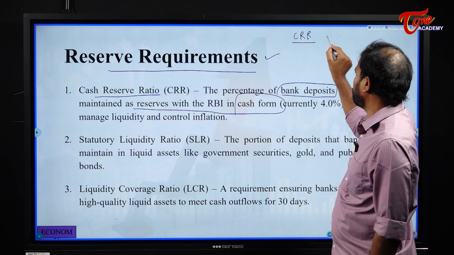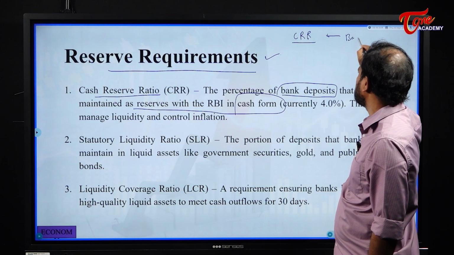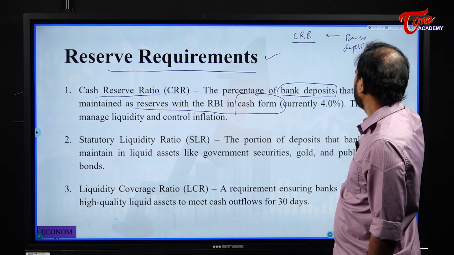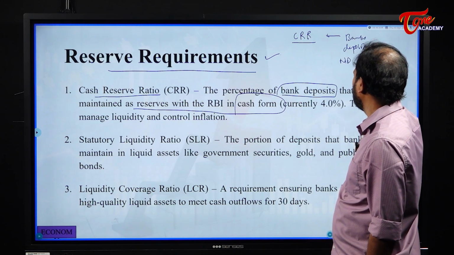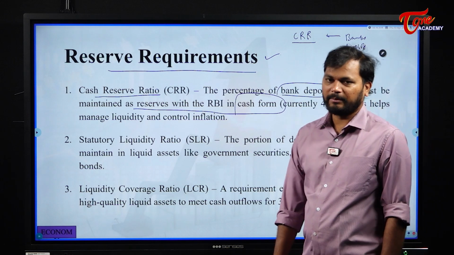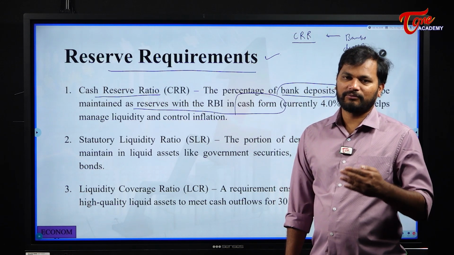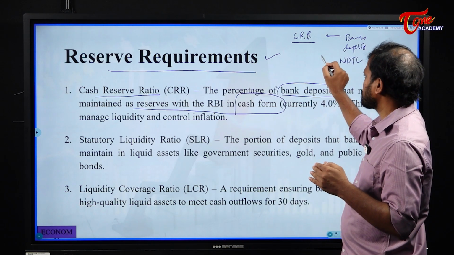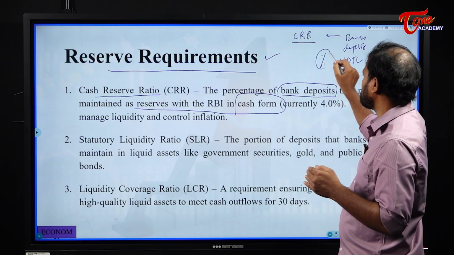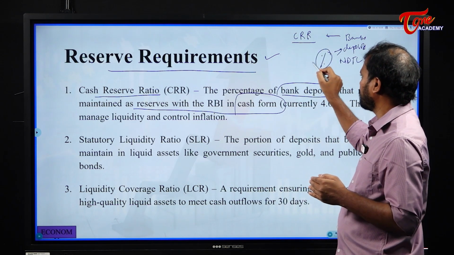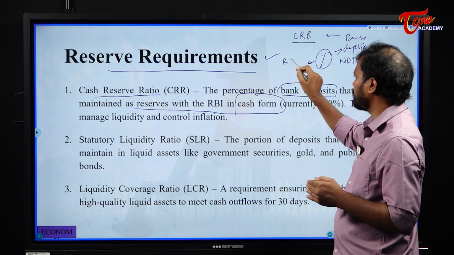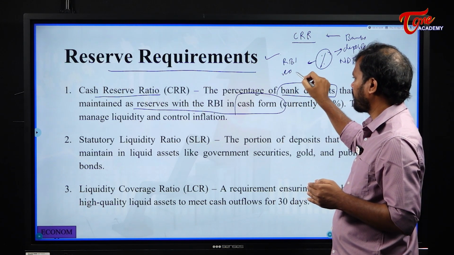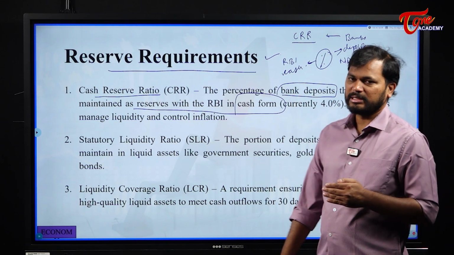For example, if the banks are getting the deposits in the form of NDTL, net demand and time liabilities, then a certain percentage of the deposits should be kept with the RBI in the form of cash. That is what is called as the CRR.